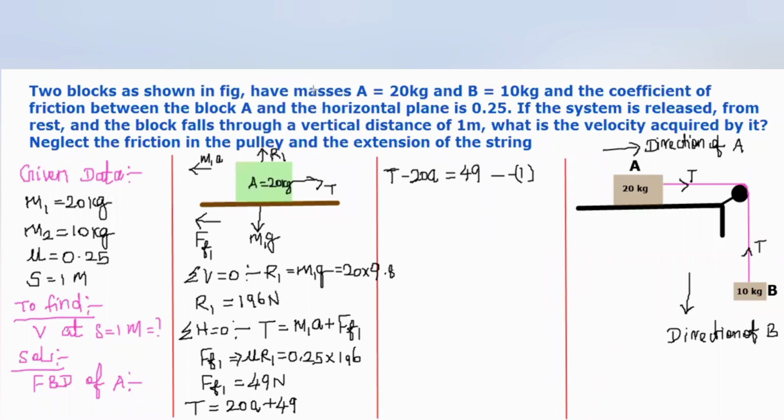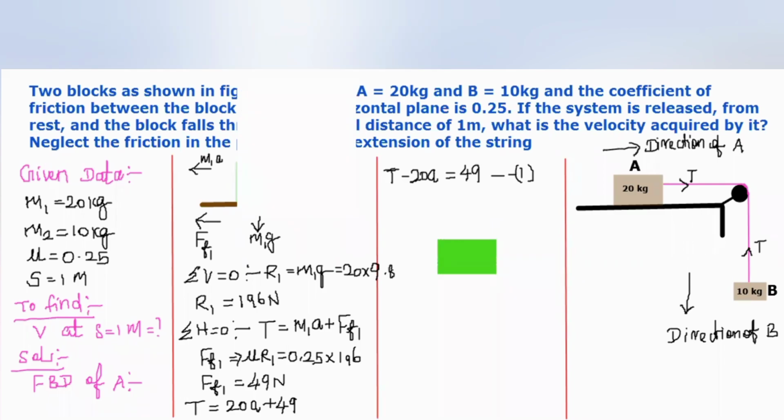For the second object, object B, it is freely hanging by using a string. This is object B, and it is attached to a string like this.